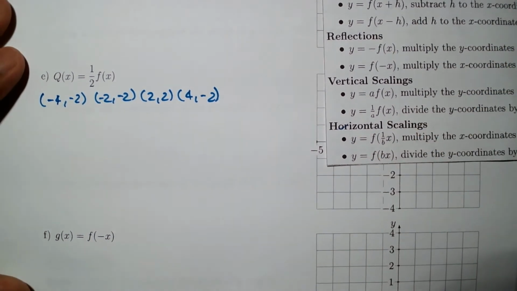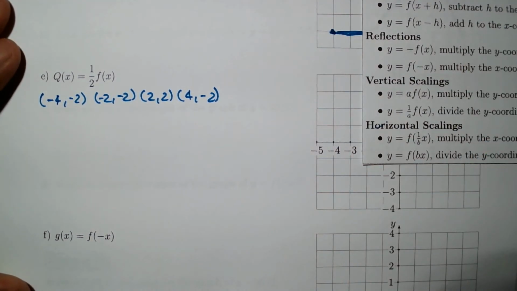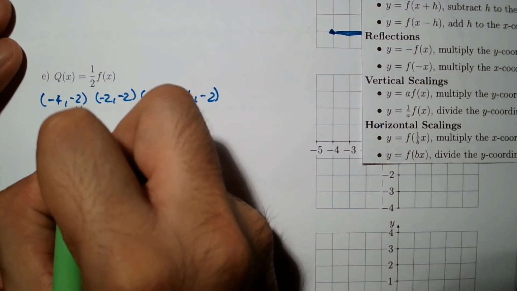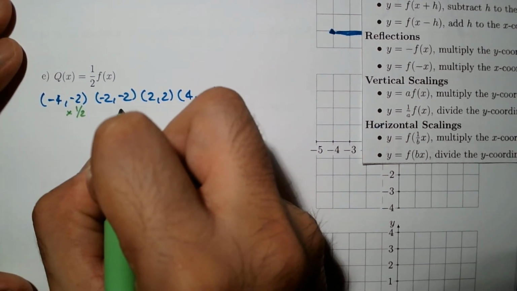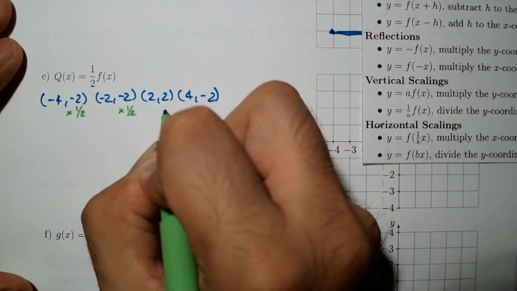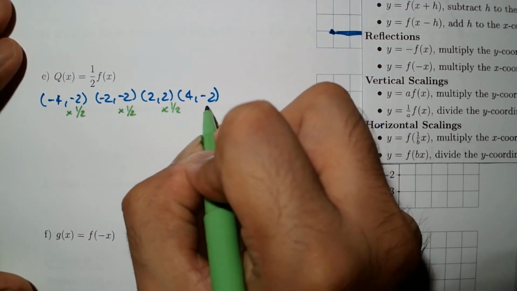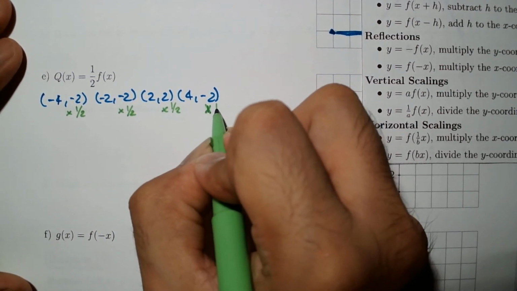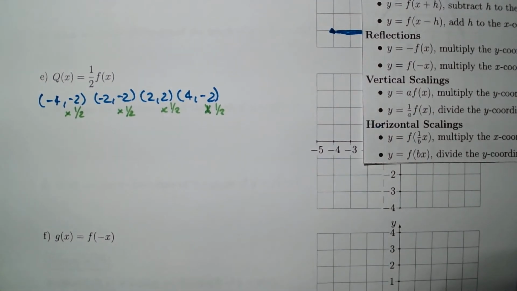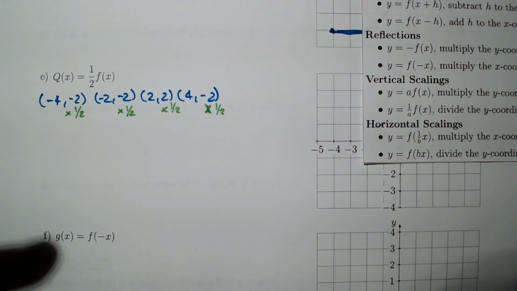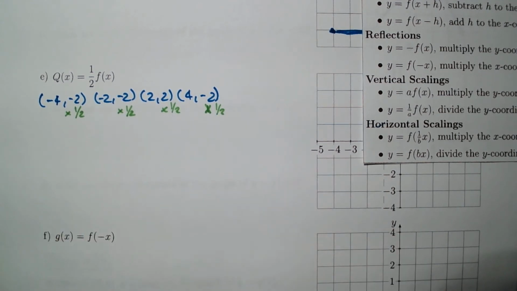So times 1/2, which is the same again as divide by 2. Multiplying by a half is the same as dividing by 2. However you prefer to show this work, either way should be fine.